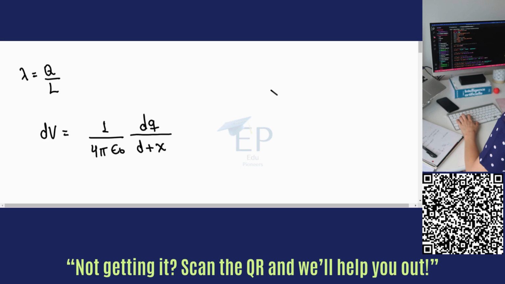Now, as I said, we can express that differential of charge in terms of the linear density, so that we will have lambda times the differential dx over d plus x.